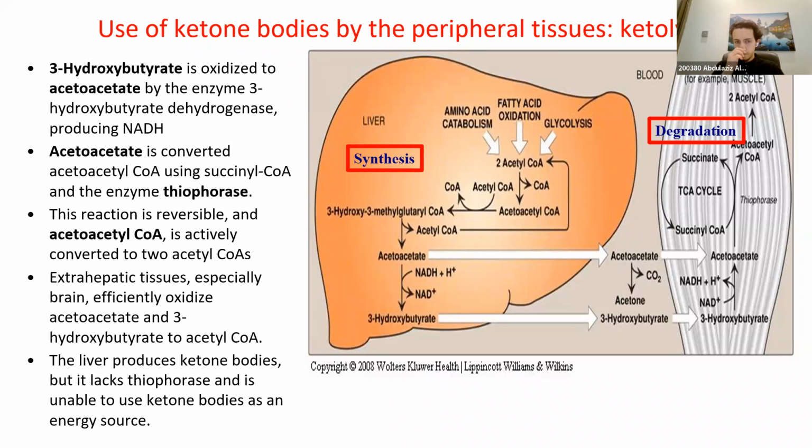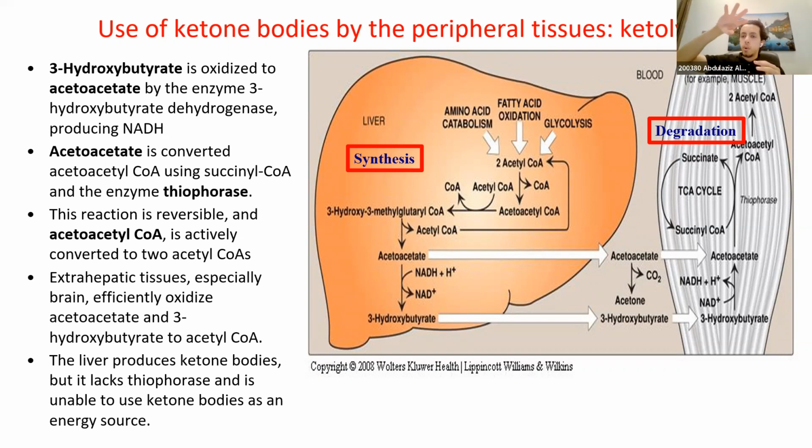So right now, we have acetoacetate and we have 3-hydroxybutyrate. Now, these go into the muscle and are converted back into acetyl-CoA. Remember, acetoacetate is 2 acetyl-CoAs, and it's converted back through the enzyme thiophorase. This is only present in the muscles and the brain. So it's basically an opposite reaction. We're taking the ketone bodies made in the liver and converting them back into acetyl-CoA.